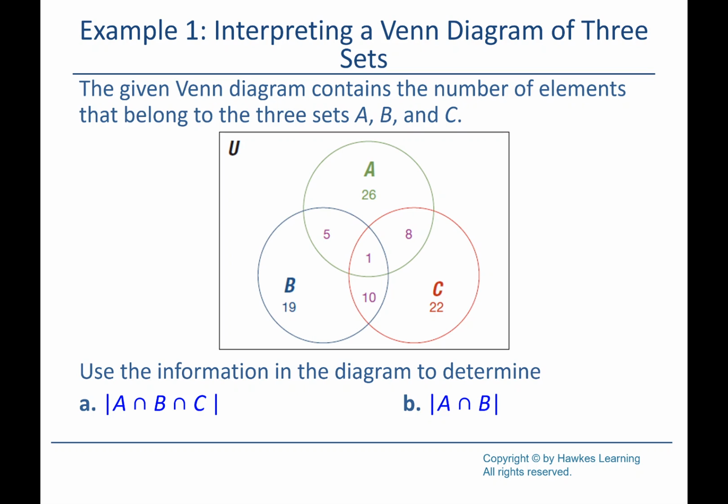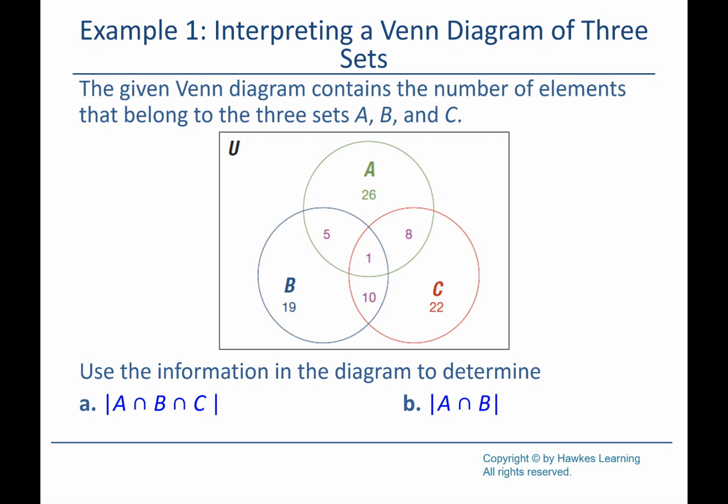That's got to be right in the middle, where all 3 overlap. So how many do we have in there? 1, just 1. When you see intersection, in a Venn diagram, that's just the overlap.